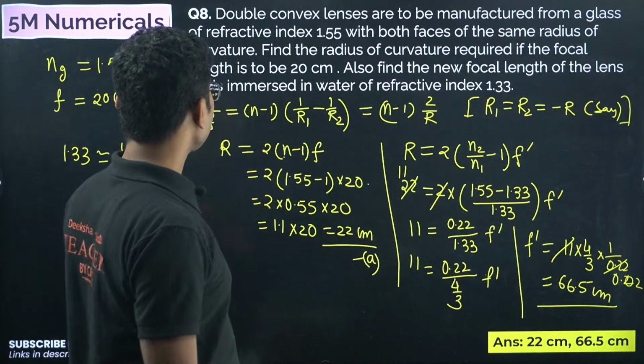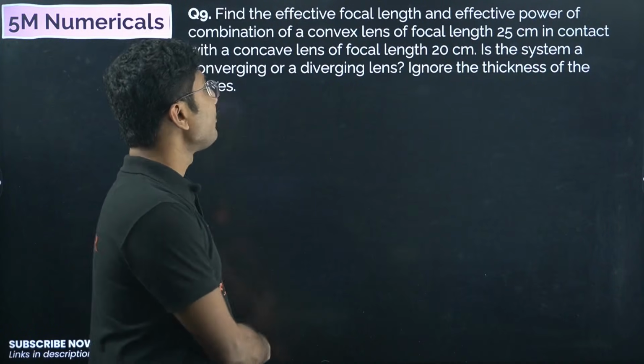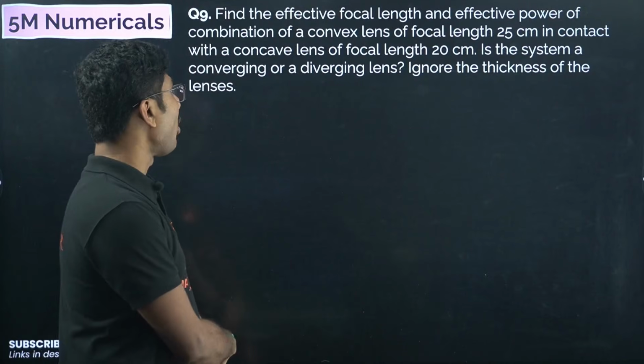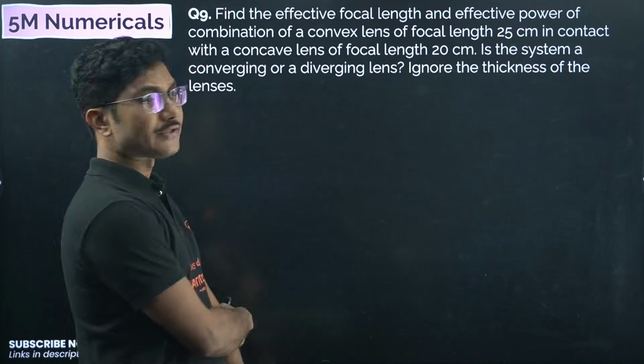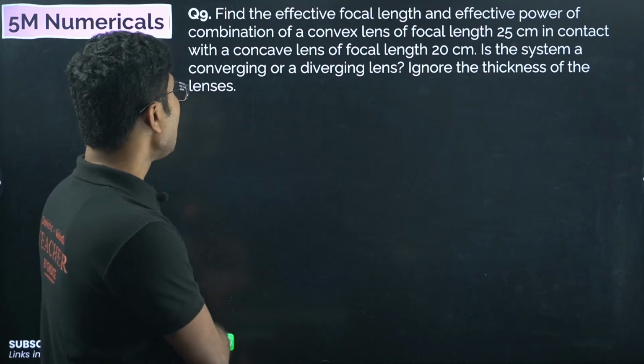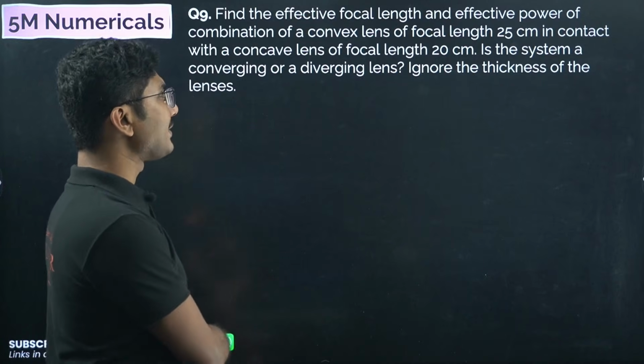Now let's move on. Find the effective focal length and effective power of a combination of a convex lens of focal length 25 centimeter in contact with a concave lens of focal length 20 centimeter.